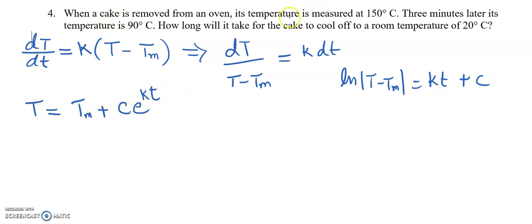So this will be the equation. If we apply this equation to the given problem, initially, at time 0, the temperature will be T of 0, which is equal to 150 degrees centigrade.